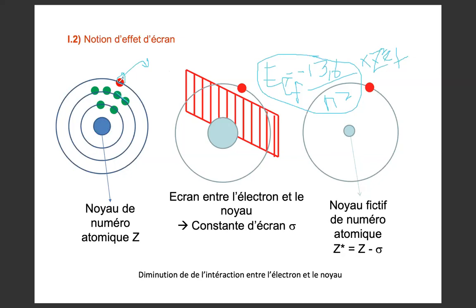So even as we are removing this electron, we are supposed to bear in mind that there is what we call a shielding effect. This is what we are now talking about, la notion d'effet d'écran. There is a shielding effect that the nucleus is going to possess over this electron.